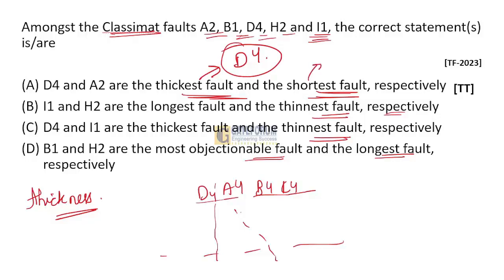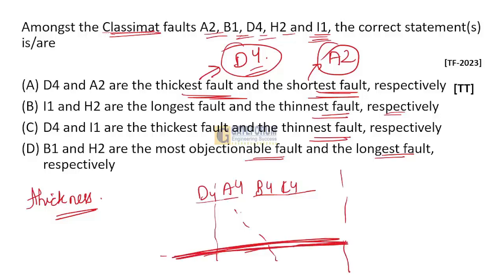The higher the number, the thicker the fault is. And I1 is on this side of the axis, and I1 is the longest fault and H2 is the thinnest fault.